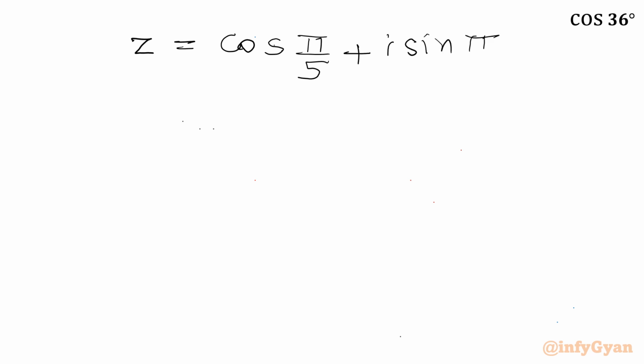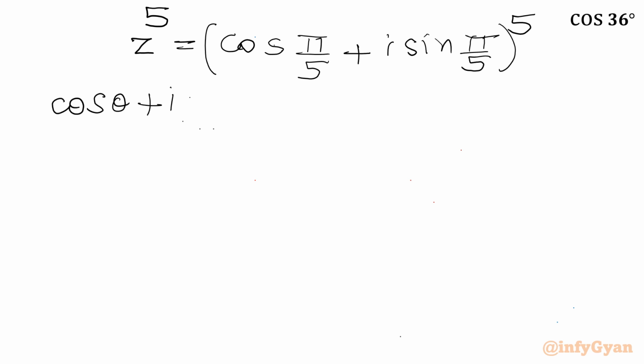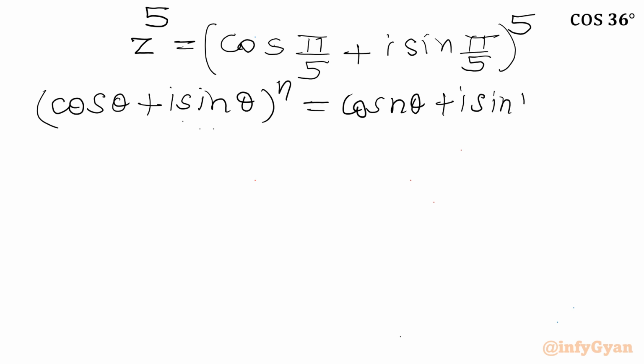Let me write z once again. It is cos pi over 5 plus i sin pi over 5. Let's raise power 5 on both sides. So again we'll be using de Moivre's theorem. This theorem states that (cos theta plus i sin theta) whole power n equals cos n theta plus i sin n theta, where n belongs to the integers.